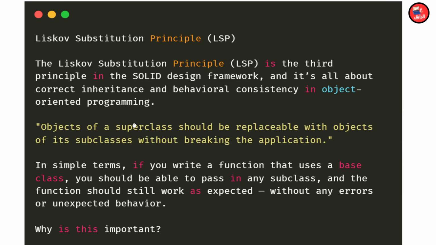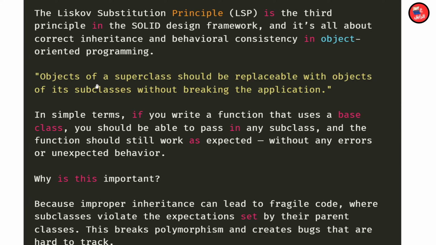What does LSP say? Liskov substitution says objects of a superclass should be replaceable with objects of its subclasses without breaking the application. Which means I can substitute the superclass with a subclass without breaking the correctness of the program.